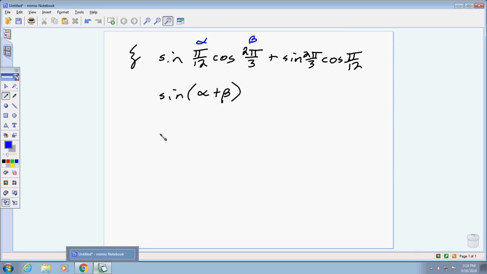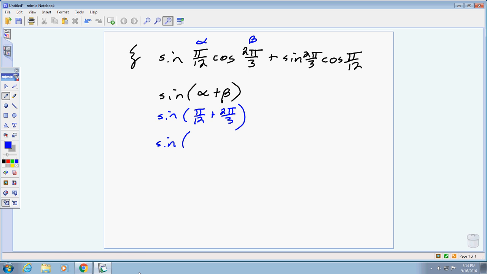So when I put it in here, sine of pi over 12 plus 2 pi over 3.